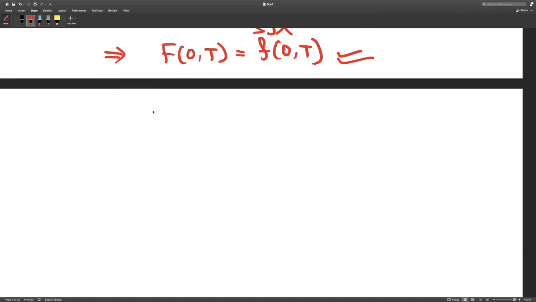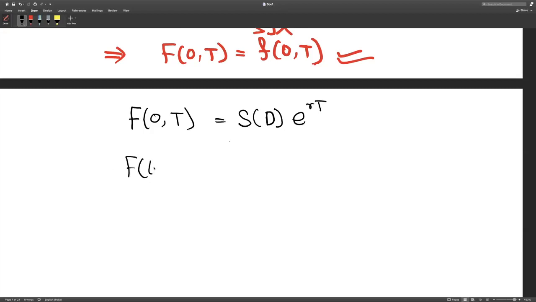If you recall, the pricing model for forward was given by S(0) into e to the power of rT. In general, if you have F(t, T), you have S(t) e to the power of r into (T minus t).